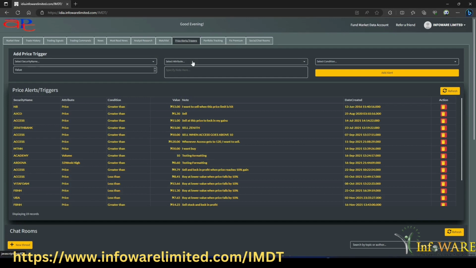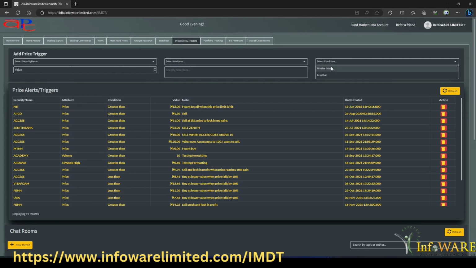The other page that will be of extreme value here, I believe, is the price alert triggers. The goal of this is for you to set price triggers, and these are monitored in real time in such a way that exactly when the price happens in the trading day, it will send an email alert to you. The attributes you can use are, for example, price, volume, 2-week low. We welcome feedback; we could add more as the need arises.